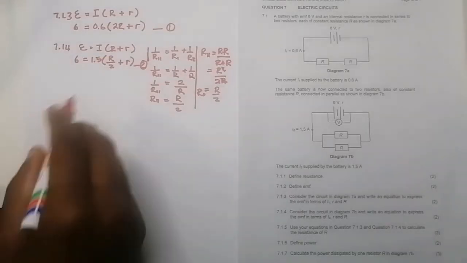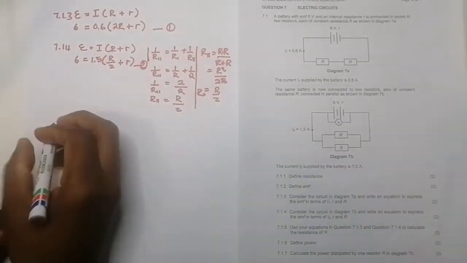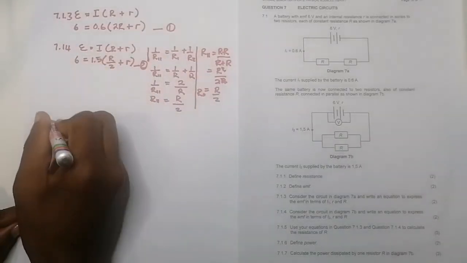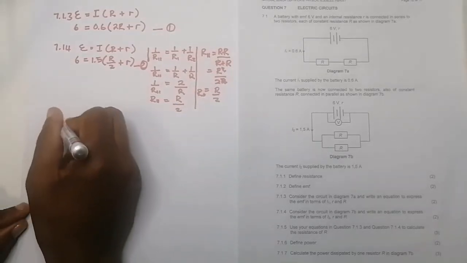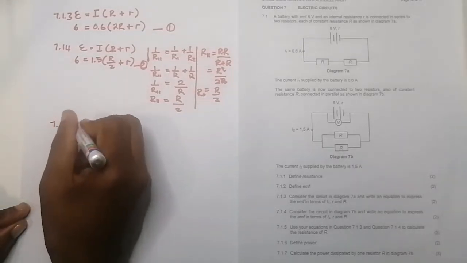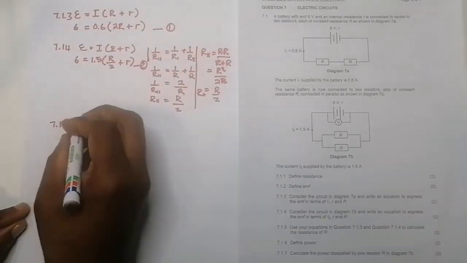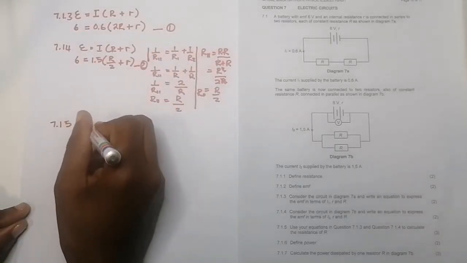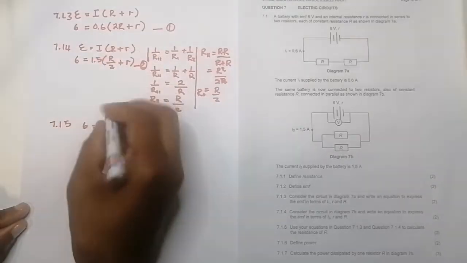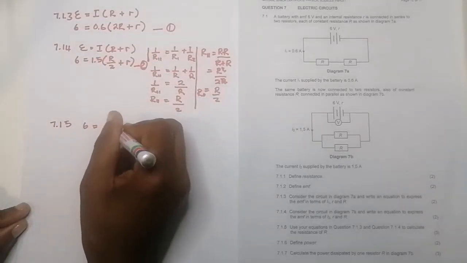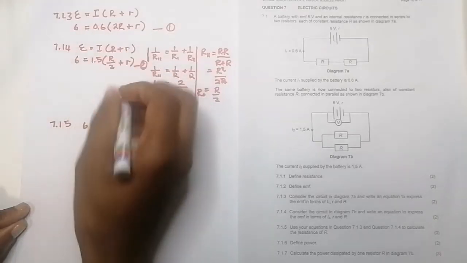Actually, you know what? Let's do it in a different way. In fact, let's take equation 1 and try to solve it, try to simplify it. Okay, so for equation 1, we know we had 6, but now this is going to be equal to 1.2, 0.6 times 2.